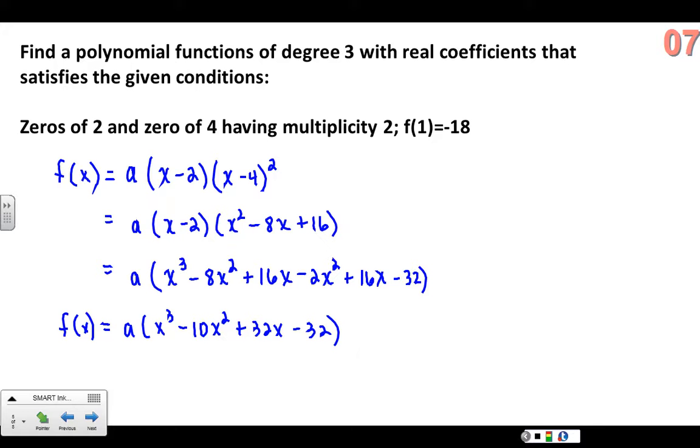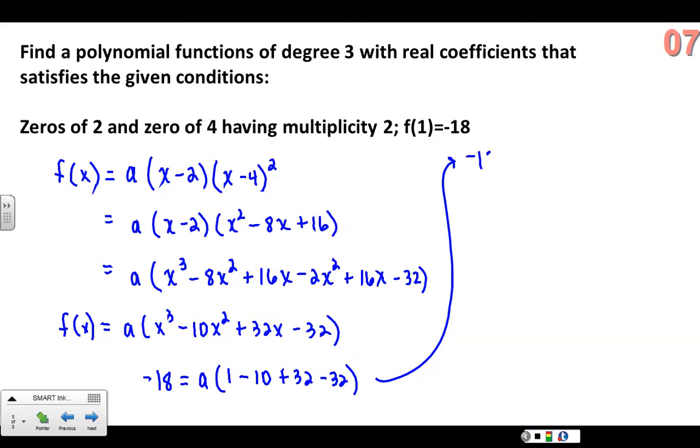Now they told us that f of 1 equals negative 18. So that means if I plug a 1 in for all those x's, the function should equal negative 18. Negative 18 equals a times 1 cubed, which is 1, minus 10, plus 32, minus 32. Let's see what we would have here. 1 minus 10 plus 32 minus 32, I got negative 9.